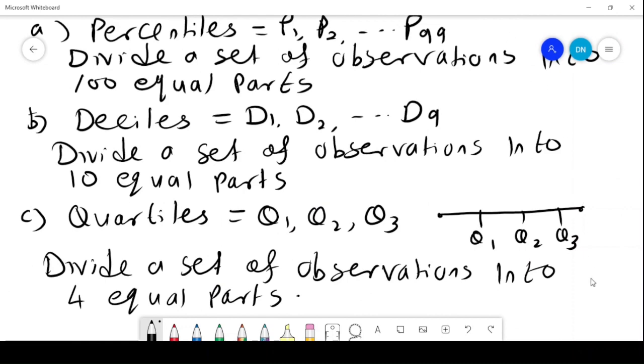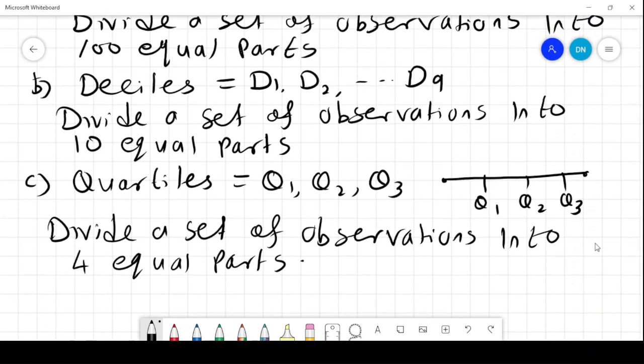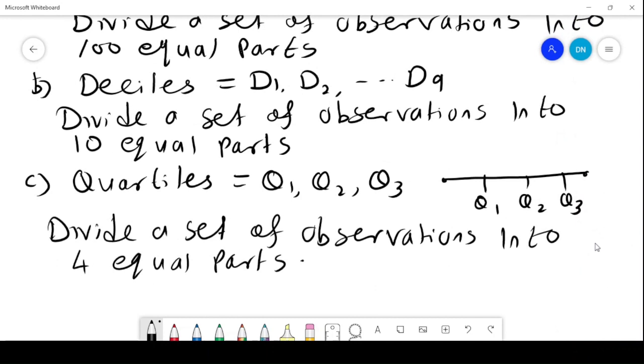We have the deciles, D1 to D9, and they divide observations into 10 equal parts. And then we also have the quartiles, Q1, Q2, Q3, and we can see in this illustration that they divide the data into 4 equal parts.